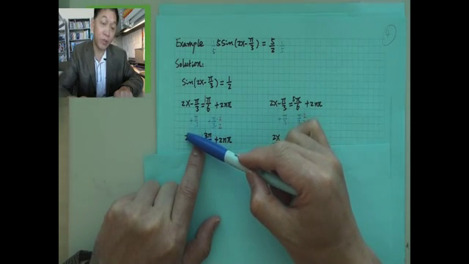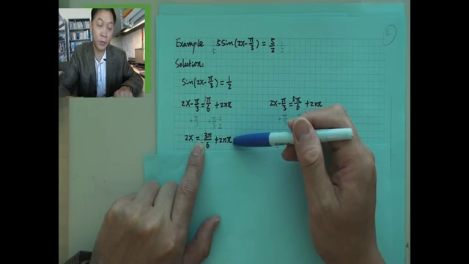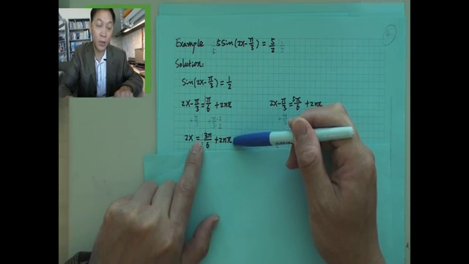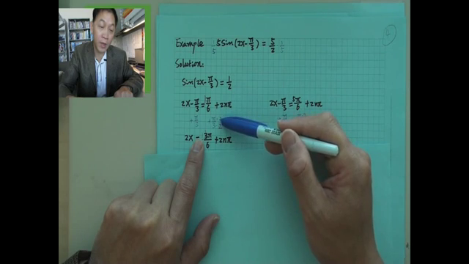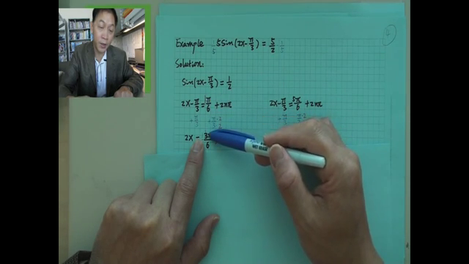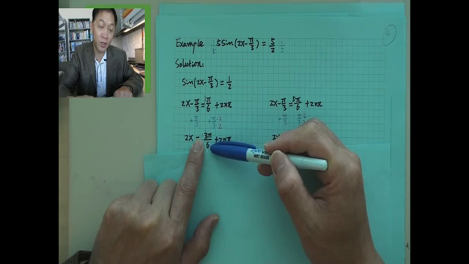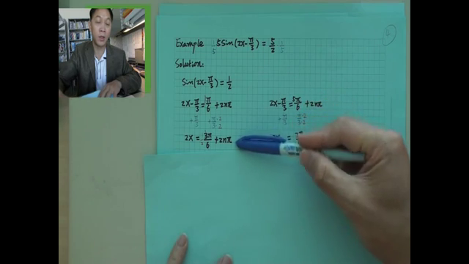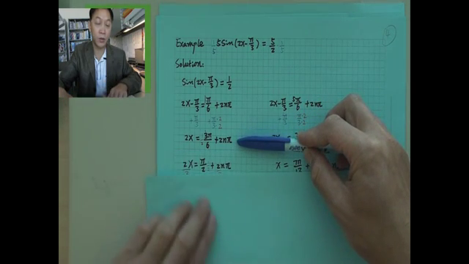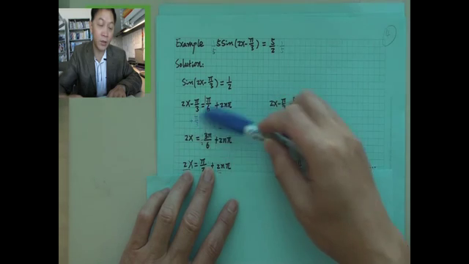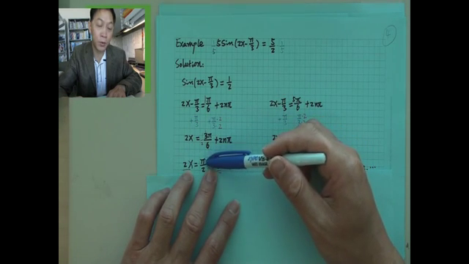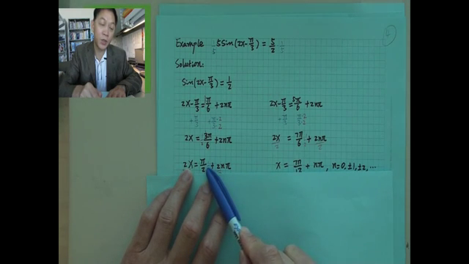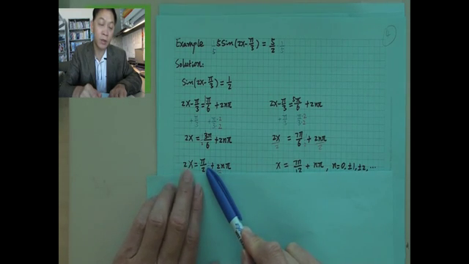You still have a 2 on the left, so we want to divide by 2 on both sides. Remember, here 2 plus 1 is 3, so 3/6 is 1/2. So here one more line would be like this: 2x equals π/2 plus 2nπ. You still have a 2 here in front of x.